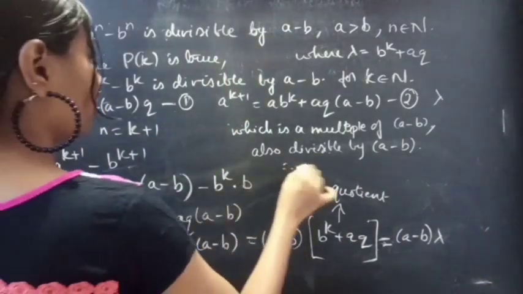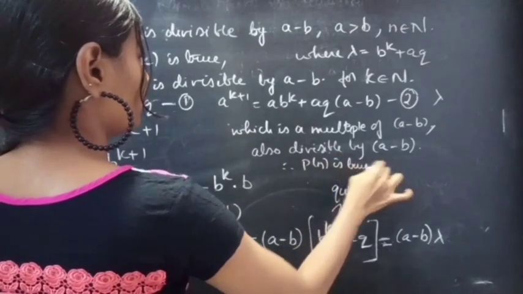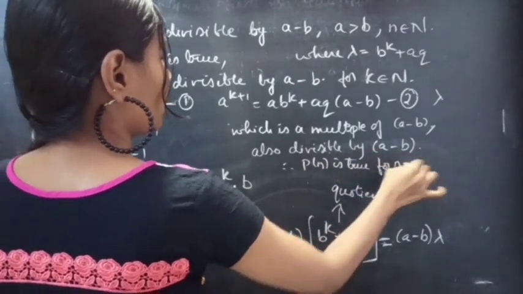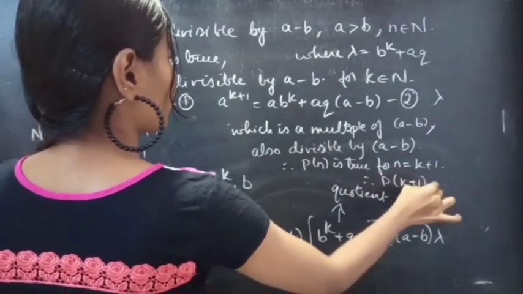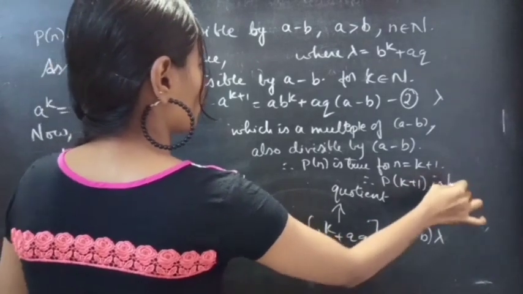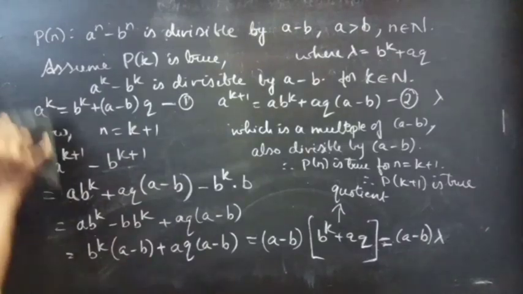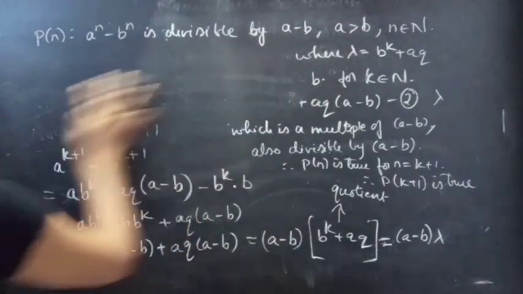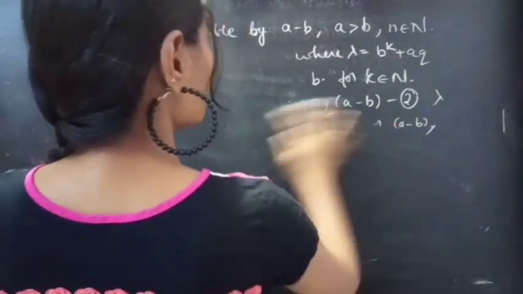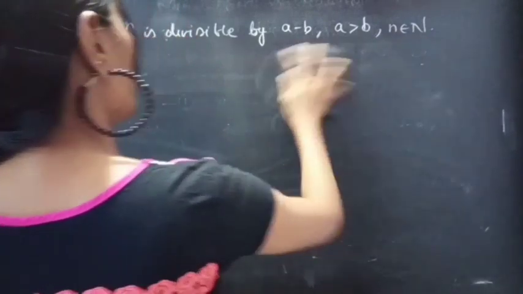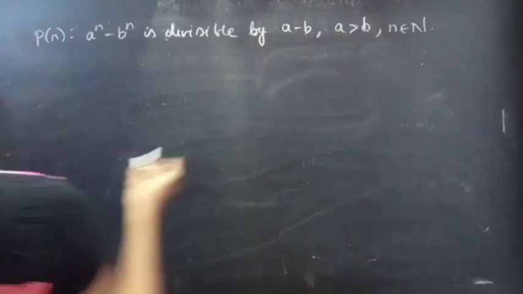Therefore, P of n is true for n equals k plus 1. From this we can say that P of k plus 1 is true. So by the principle of mathematical induction, the given statement is true for all n belongs to natural numbers and a greater than b.